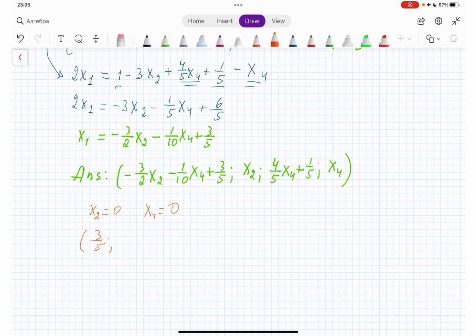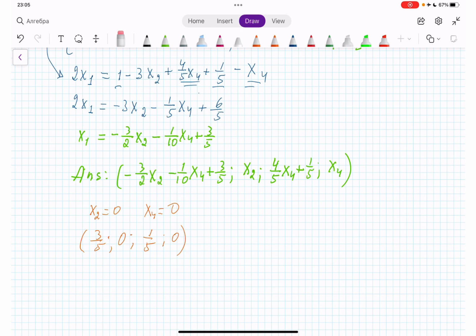Second one, x2, we assign 0, so it's going to be 0. Third, x3, if we calculate, is going to be 1/5, because this is going to be 0, leaving 1/5. And x4 obviously is also going to be 0. So this is the answer for x2 and x4 equal to 0, in this particular solution.